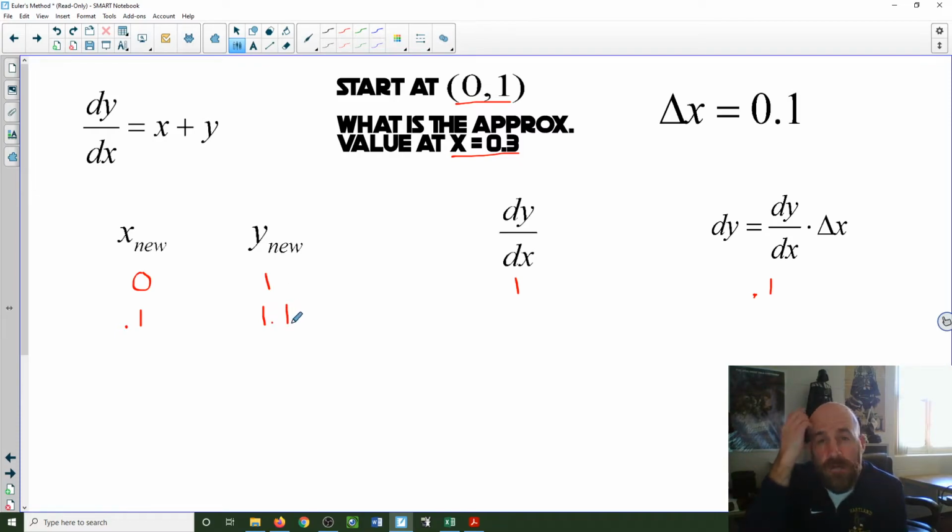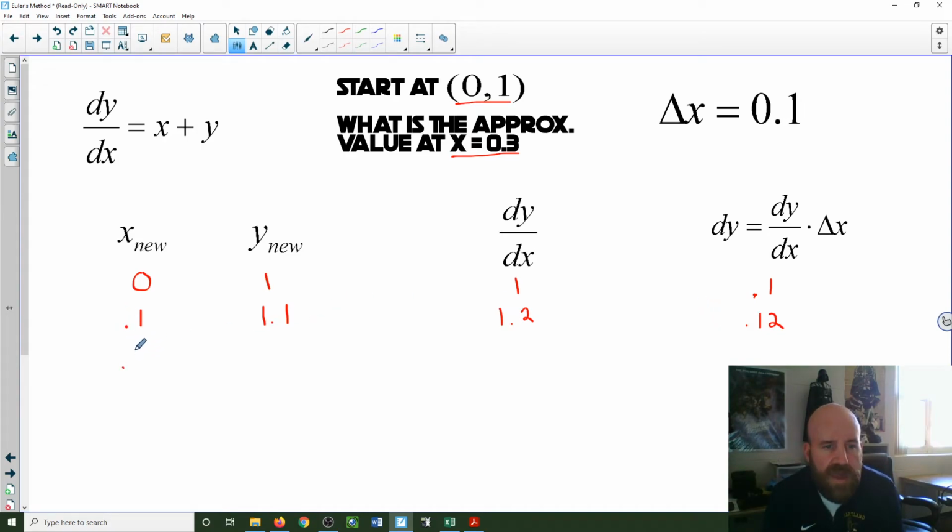And then we can go ahead and calculate slope for this point. So we add the 2 together, and we end up with 1.2. Multiply by the change in x, so we get 0.12. We just continue on in this fashion.